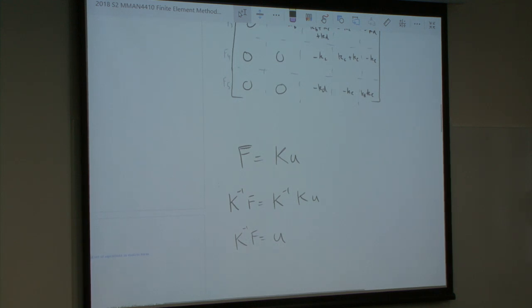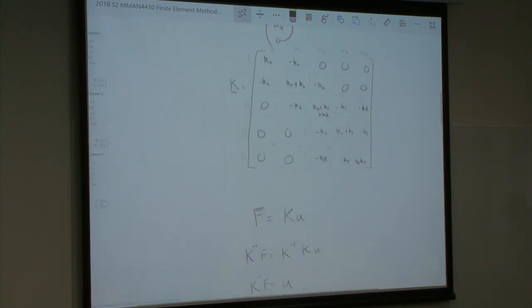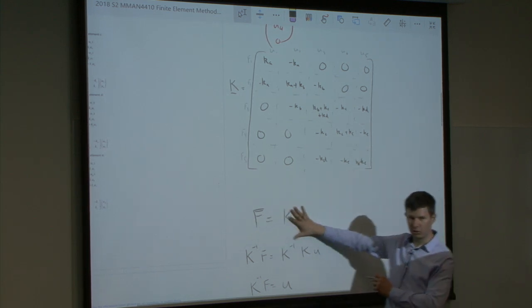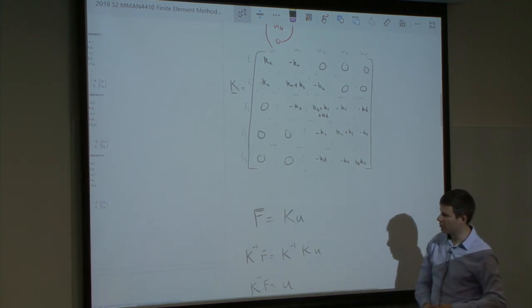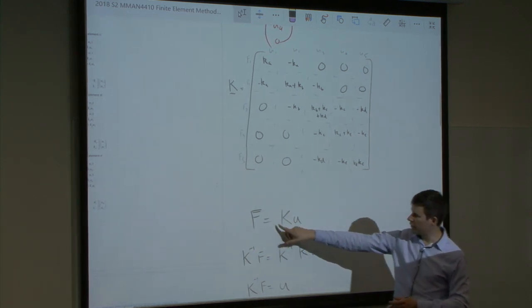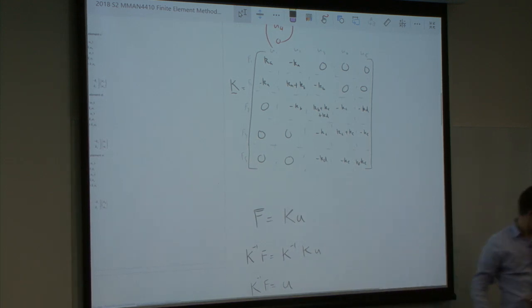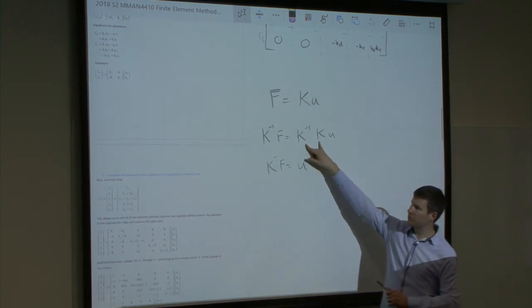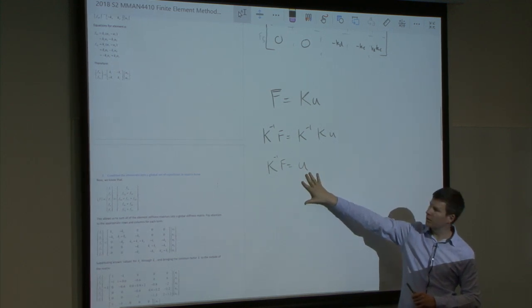And once we have an assembled K, sorry for running out of time. Once you've got an assembled K, we know that F equals Ku, because that's our definition, that's how we're going to work. If we take the inverse of K and left multiply both sides, then we find the inverse of K times K is the identity matrix, and so you're only left with a U vector on this side.